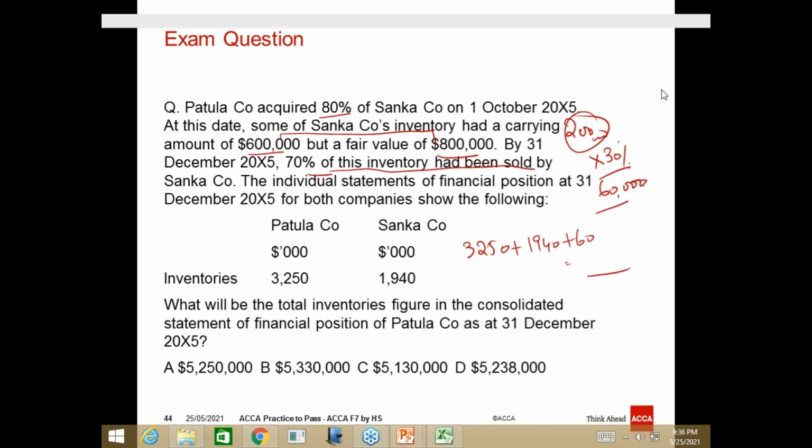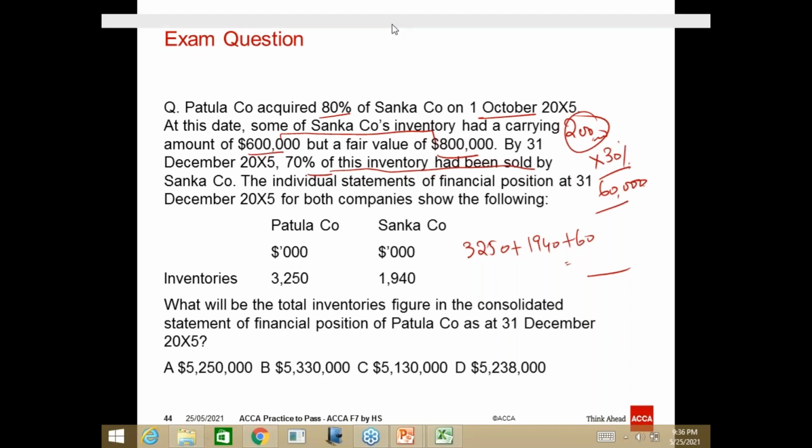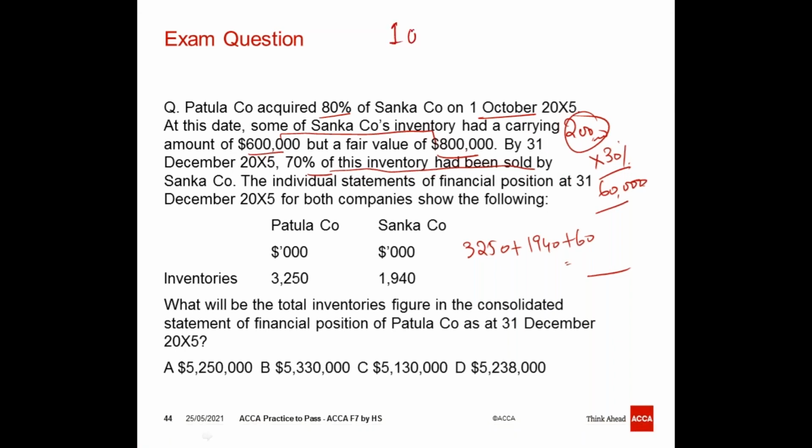And why are we taking 30% of the amount? Because only 30% of the stock is still held when we are preparing the balance sheet at the reporting date. Yes, we need to do the fair valuation adjustment at the date of acquisition, which was 1st October. On 1st October, there will be a fair valuation adjustment of 2 lakh.